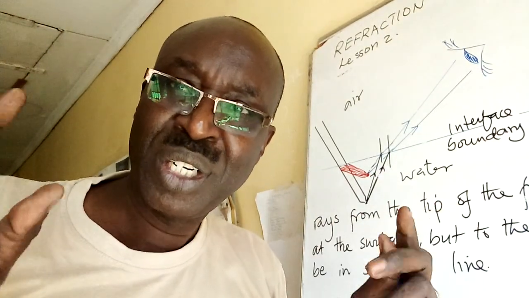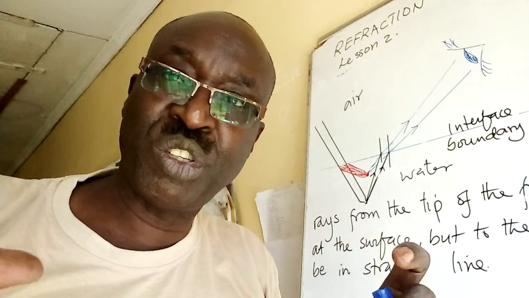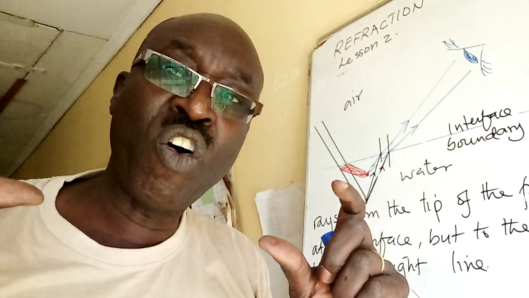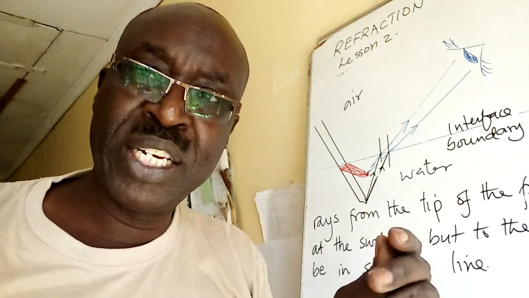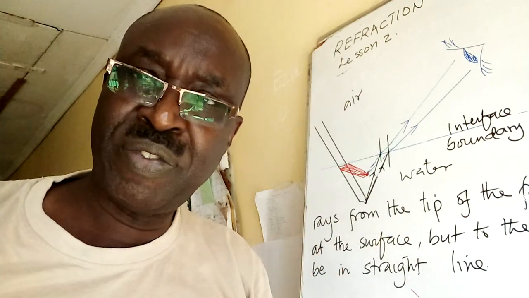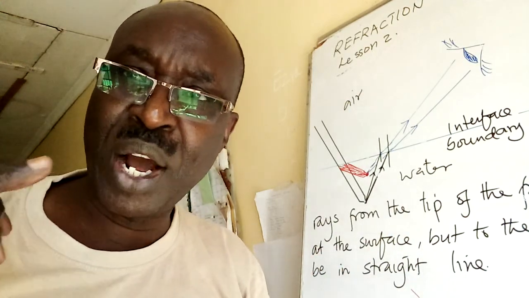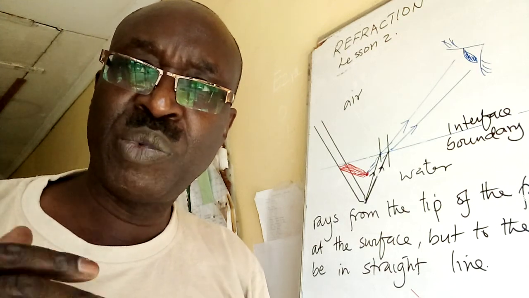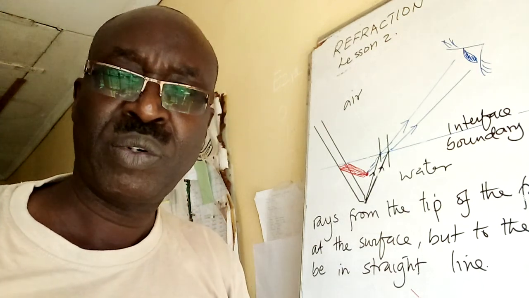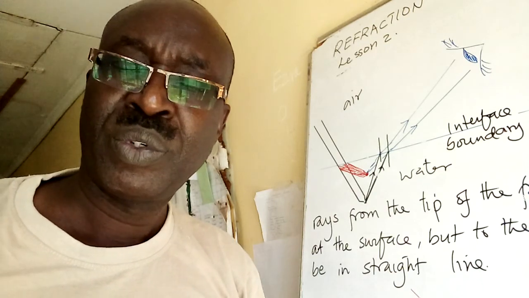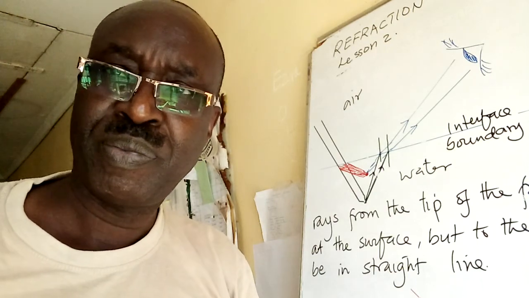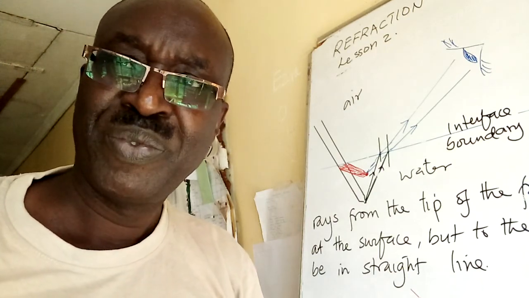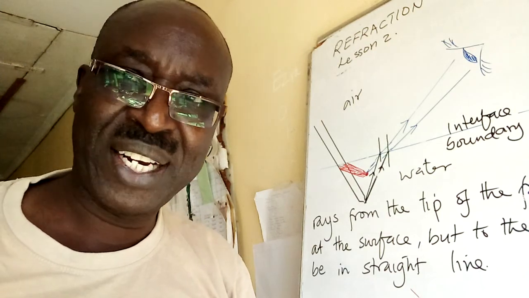In conclusion, we are dealing with refraction of light on plane surface. We have seen that in a homogeneous material, of the same composition and the same optical density, light travels in a straight line.